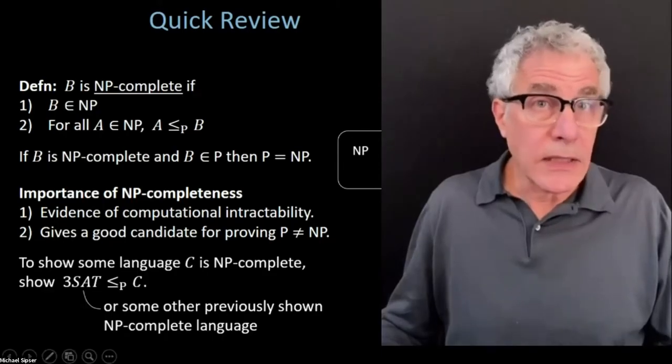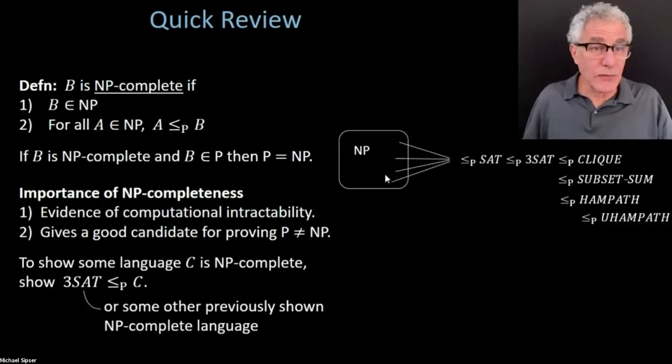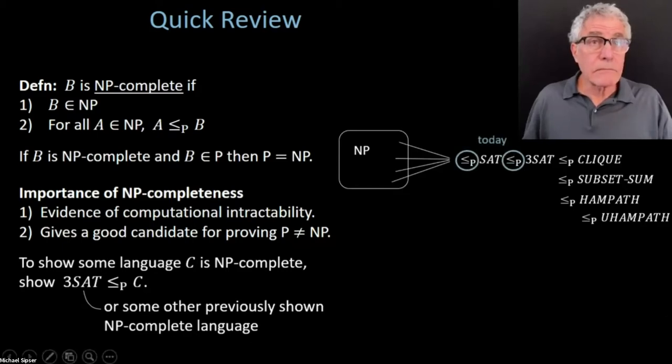We have the language SAT, which has a direct reduction from every NP problem. We're going to show that today, that every NP language is polynomial time reducible to SAT, which is in turn reducible to 3SAT. And we showed previously that 3SAT is reducible to clique and HAMPATH.